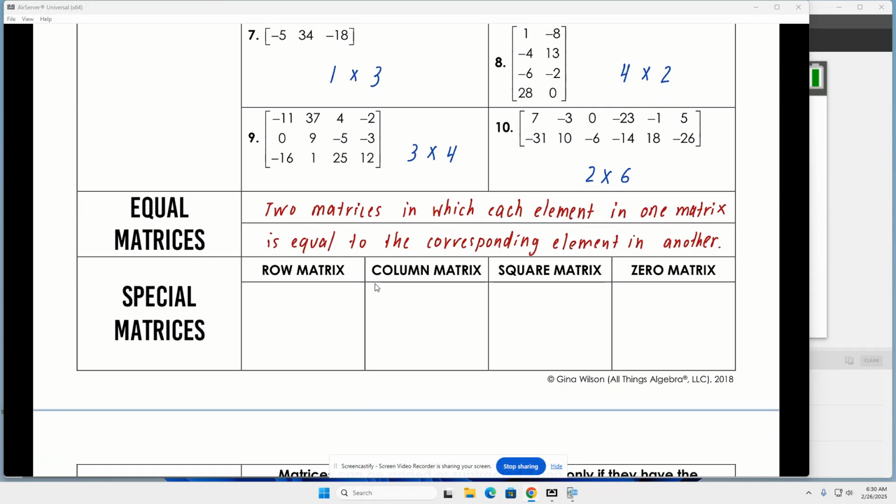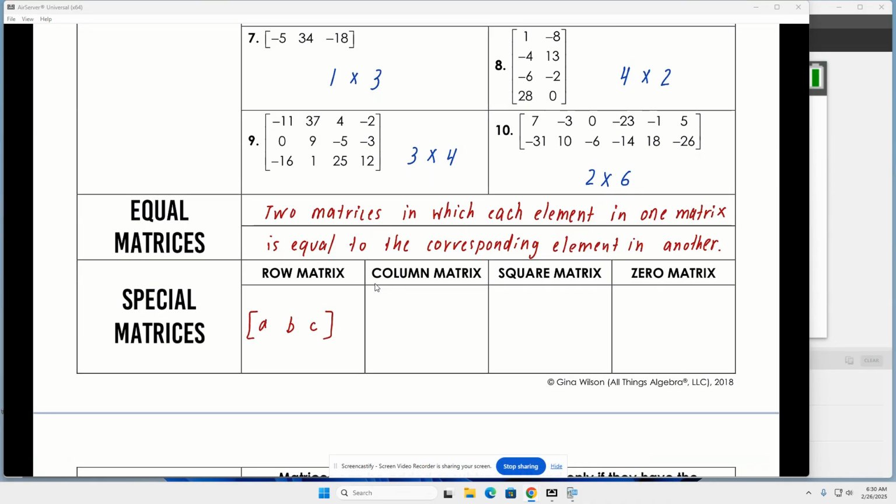Now, when we talk about the different types of matrices, you've got row matrix. A row matrix, of course, just has a single row. So you might have an A, B, C, kind of like number 7 up there. That's a row matrix. You have a column matrix, which would only have a single column, like X, Y, Z. We haven't seen one of those yet. We've only seen the row matrix.